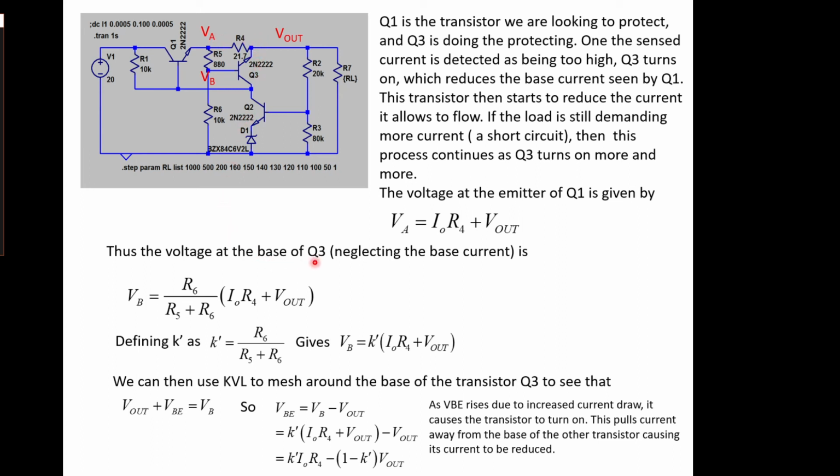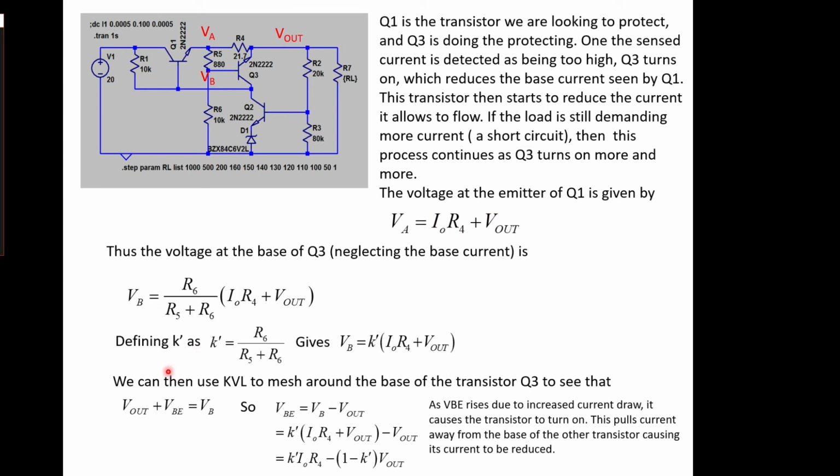Thus the voltage at the base of Q3, neglecting any base current, so we've said it's been biased with a significant current down here, is going to be the potential divider made up of R5 and R6, multiplied by VA. That gives us the voltage VB. So VB is this potential divider here, and we know what VA is because we've calculated it from here.